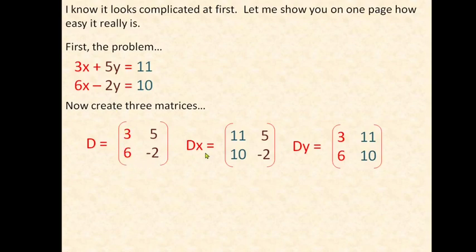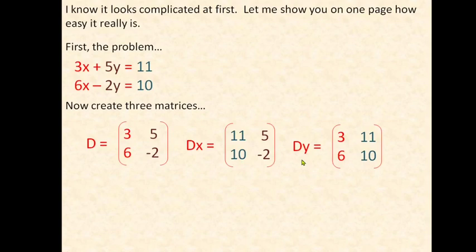Then for dx, we will replace the coefficients of x, that is 3 and 6, with the coefficients of the third term, that is 11 and 10. So 3 and 6 are replaced in the second matrix where we are calculating the determinant with respect to x.